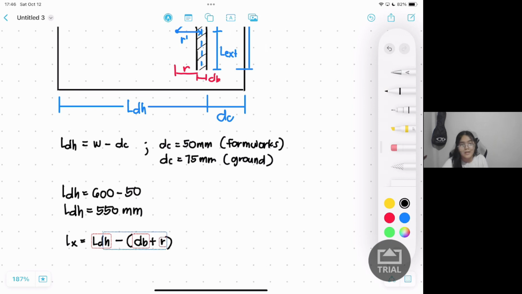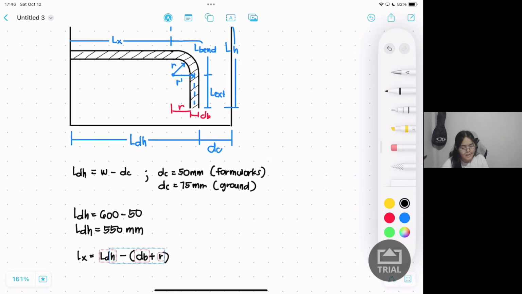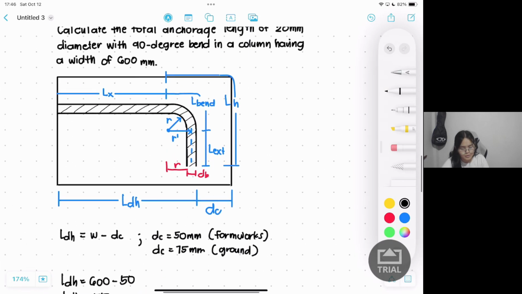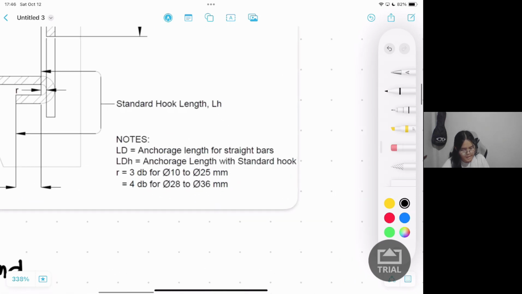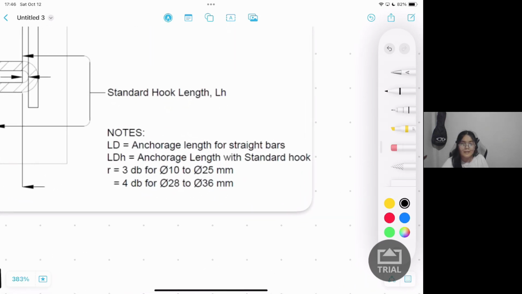radius. Ngayon, yung radius na yan, hindi lang siya any value. Okay? According dito sa provision, ang radius daw ng bend natin, it's either 3 dB or 4 dB. So, for diameter 10 to 25 mm, gagamitin natin si 3 dB.